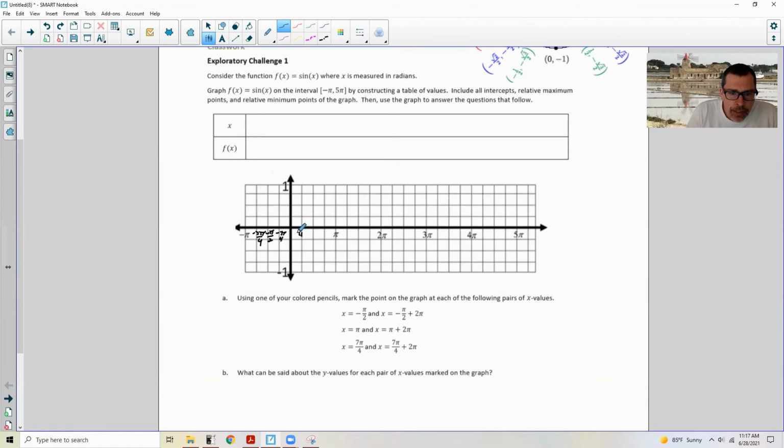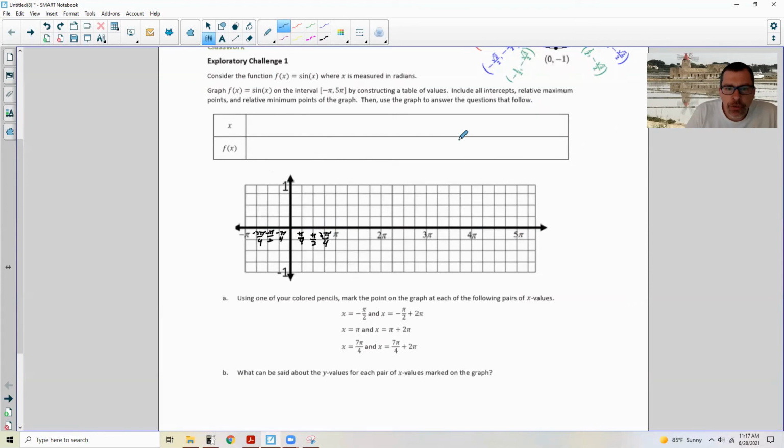This is pi over 4. This is pi over 2. And this is pi over 4, but it's 3 of them. Let me fix that. 3 pi over 4. And we're going to continue throughout, but that's enough for now just to get us started.